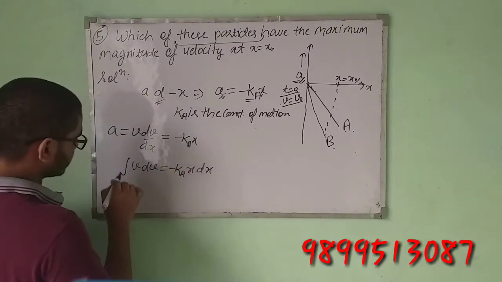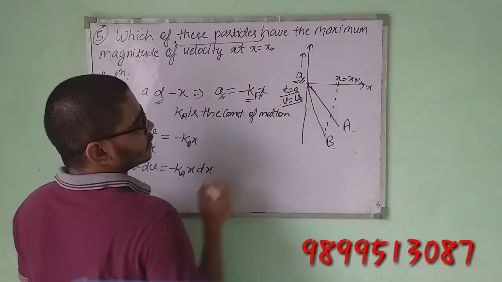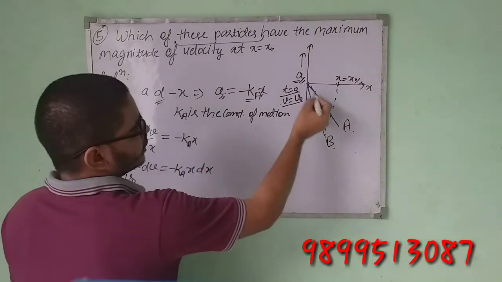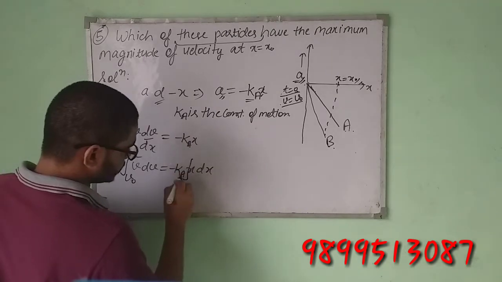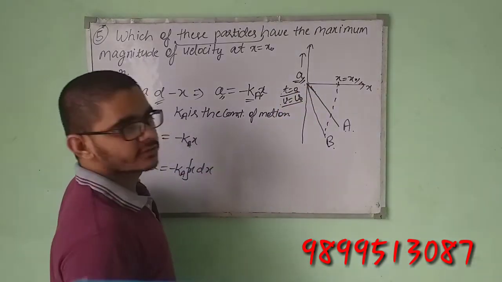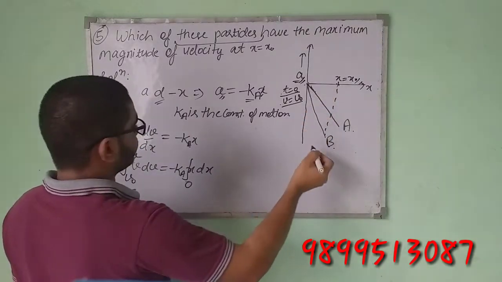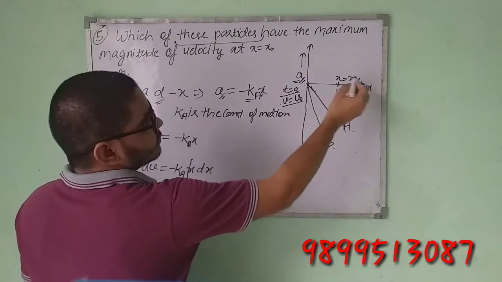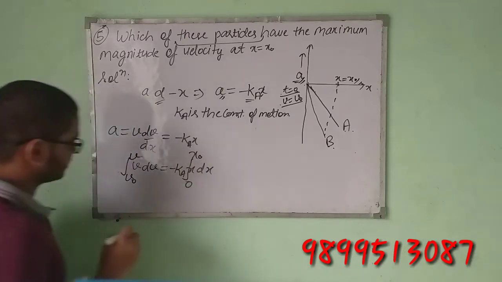Our velocity for particle A varies from v equal to v naught at t equal to 0, and at any point of time say it be v, while the position varies from x equal to 0 initially, and we have to find the variable at x equal to x naught. So x varies from 0 to x naught, right?